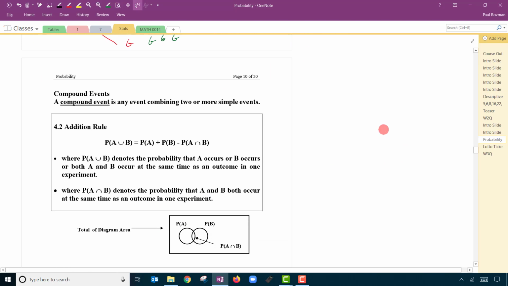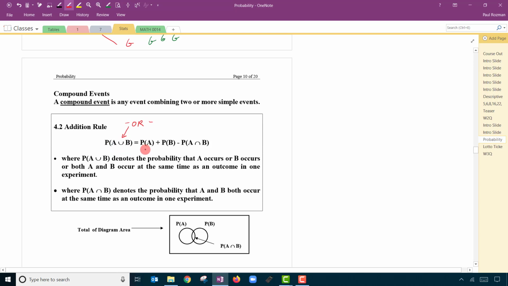Compound events, this is our OR situation where we're going to combine several simple events. I'm going to use this notation, which is from set theory. This U is for union, and it also just means OR. What's the probability of A or B?